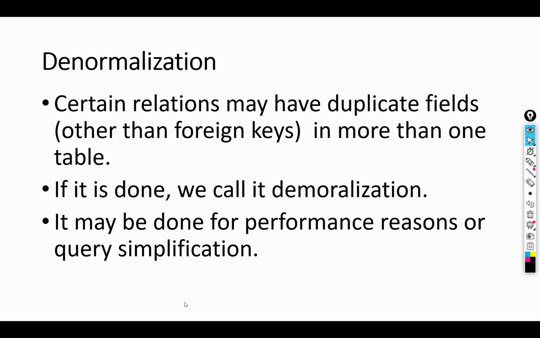Right, so the next concept is denormalization. So remember, normalization is good because it makes the design much stronger, solid, and it reduces anomalies. But remember, most of the time when we do normalization, we introduce more and more tables.